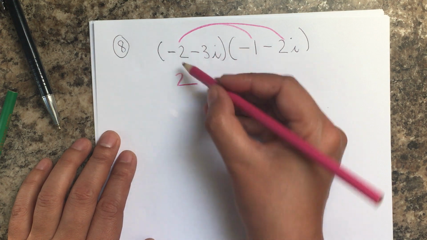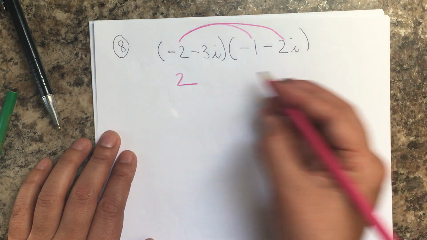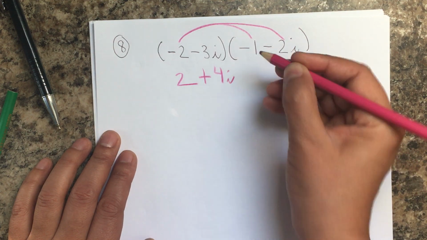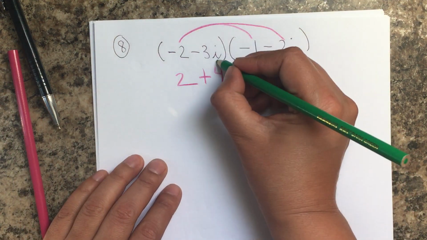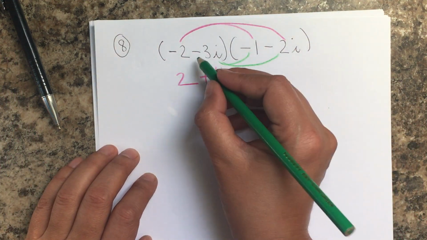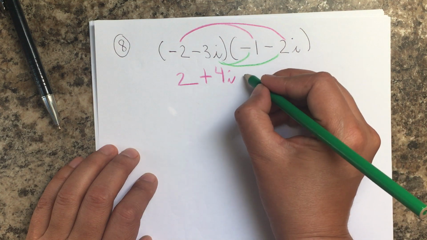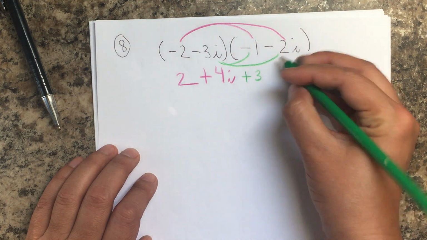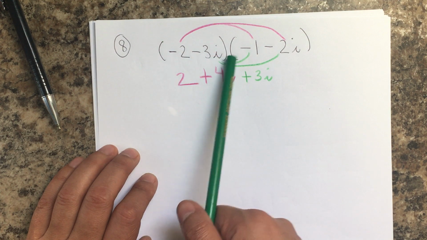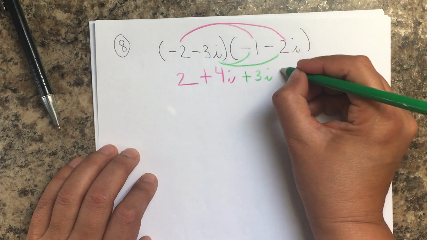Negative times negative, positive. And then negative 2 times negative 2i, positive 4i. Then the other distributive property, so negative 3i times negative 1, positive 3i. Negative 3i times negative 2i, positive 6i squared.